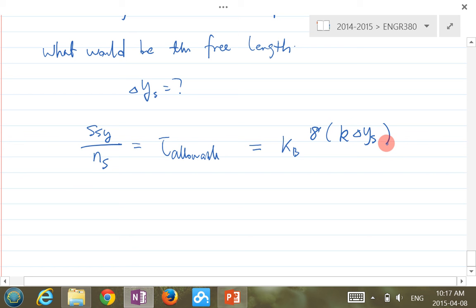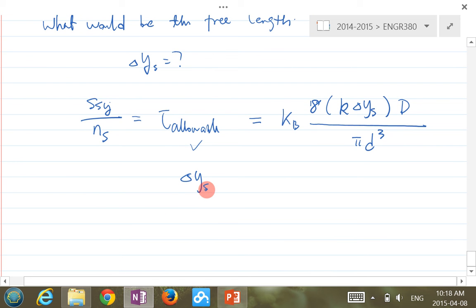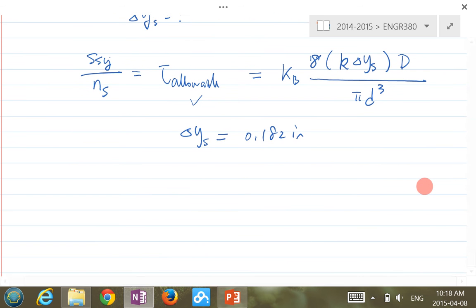We can't have the same deflection as before, so we need to figure out what will be a proper total deflection here. Everything is known except the delta ys, so you can calculate delta ys based on this formula. You get 0.182 inch.